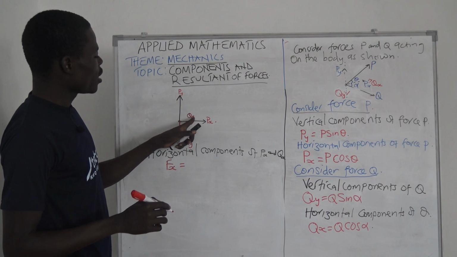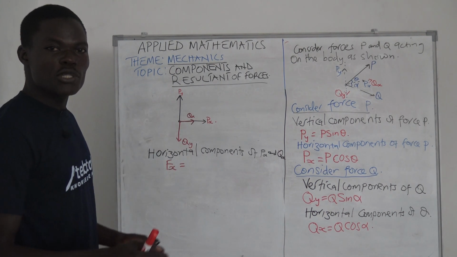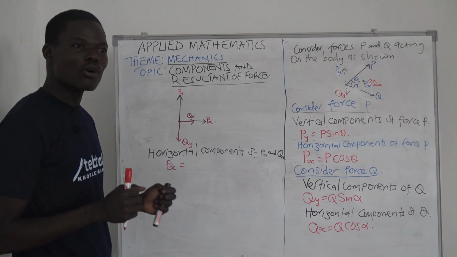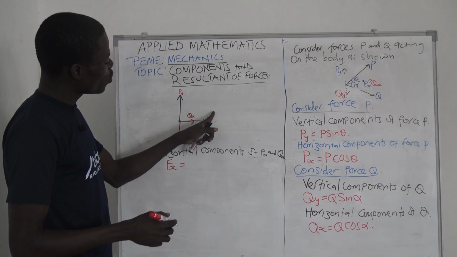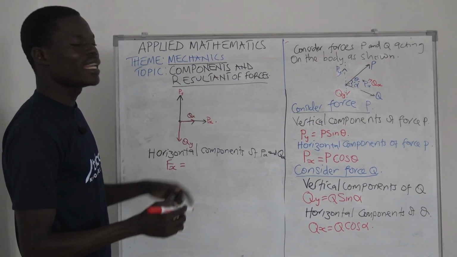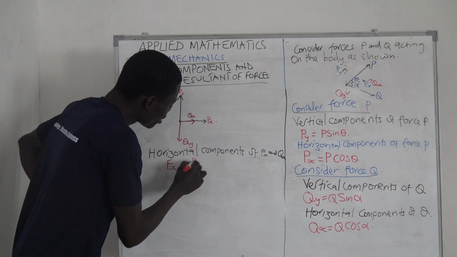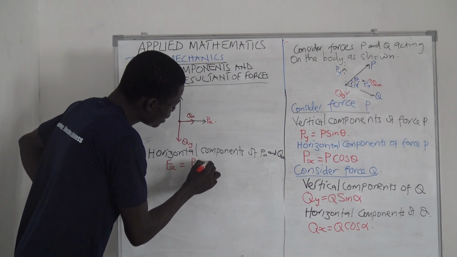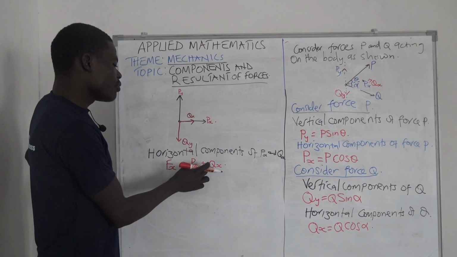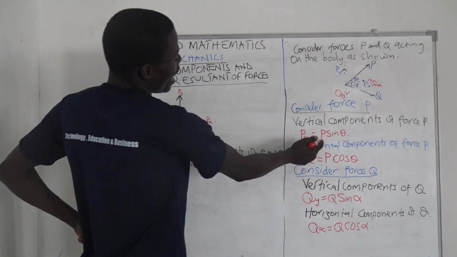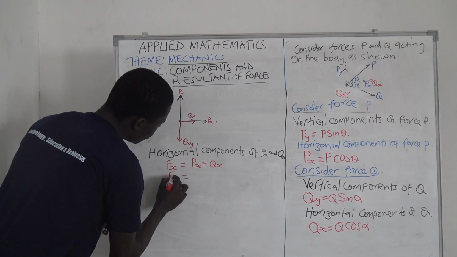Here we have the components of force. When forces are in the same direction, we add them to get the final component. Since P and Q are in the same direction, we add: Fx equals Px plus Qx. Then we feed in the values of these components.